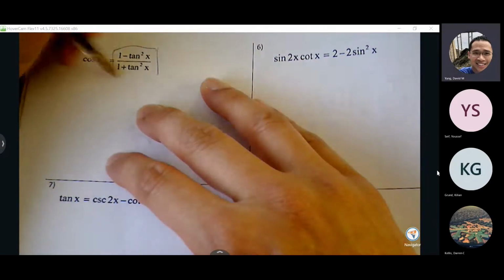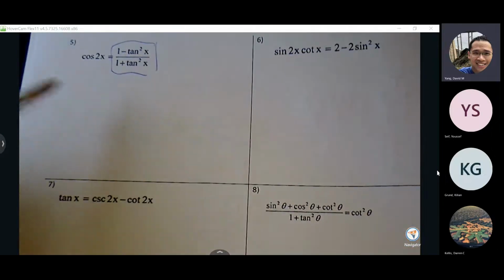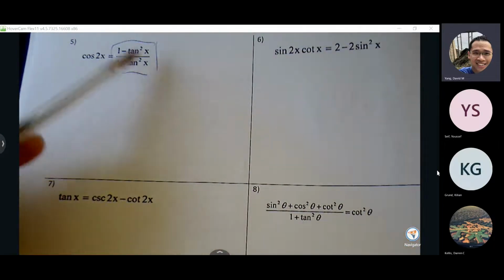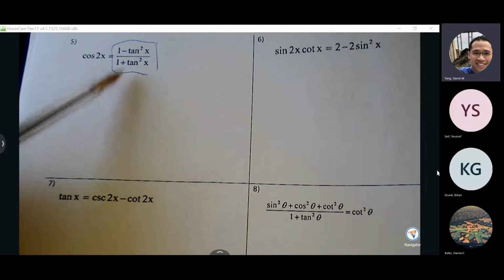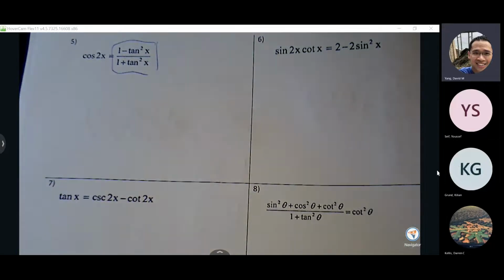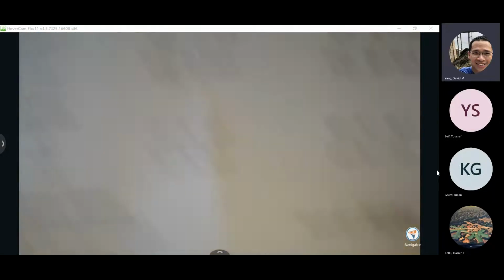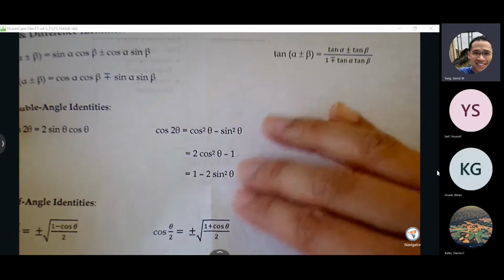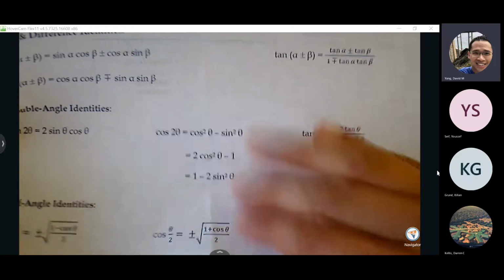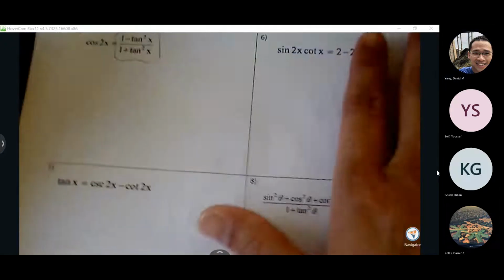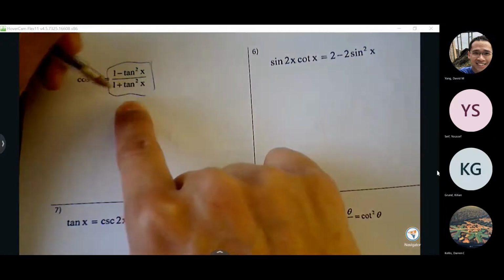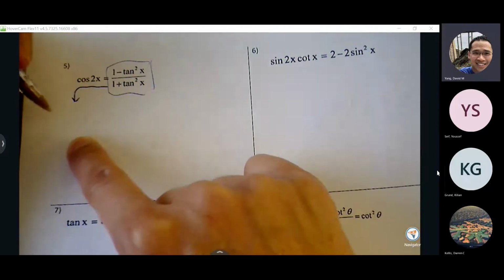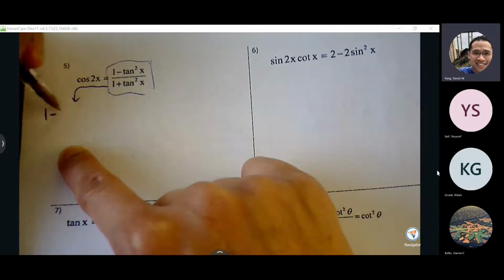I know I can quickly get this in terms of sine and cosine, and then hopefully things will combine, and I can eventually make it look like one of my identities. If I can make it match one of my cosine identities, then I know that I'm good. I can make my final statement. So first thing I'm going to do is rewrite tangent as sine over cosine.